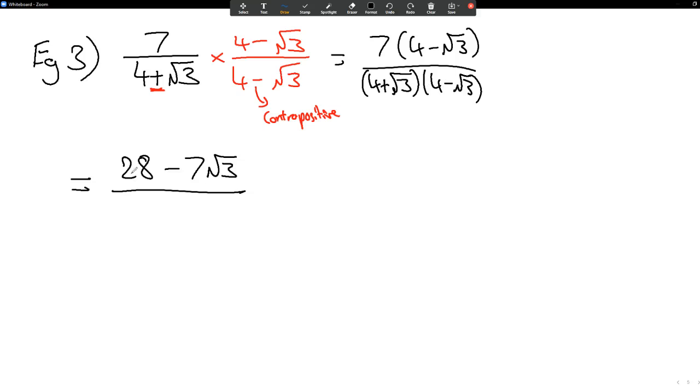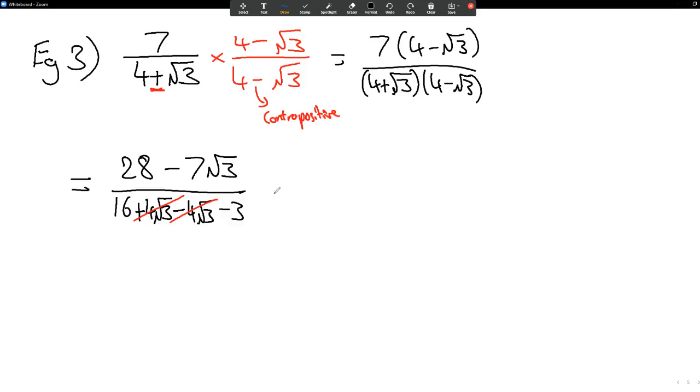So if we multiply the first, we get 16. And then the inners will be plus 4 root 3. The outers will be minus 4 root 3. And the last, because they're both root 3, but there's also a negative, it's minus 3, like that. But now you can see that the surd terms cancel each other out.